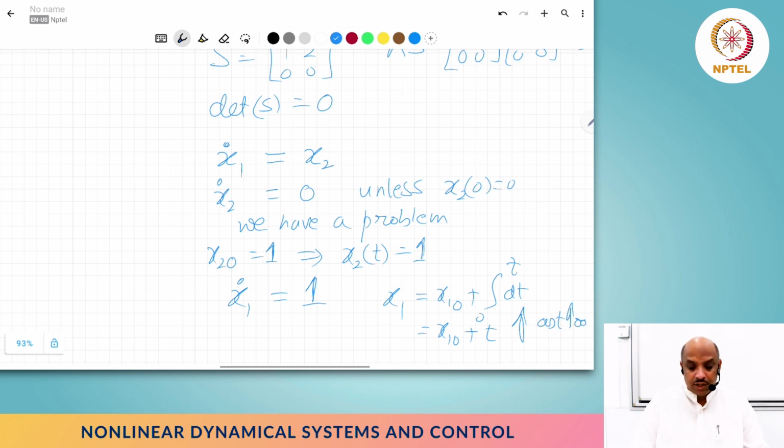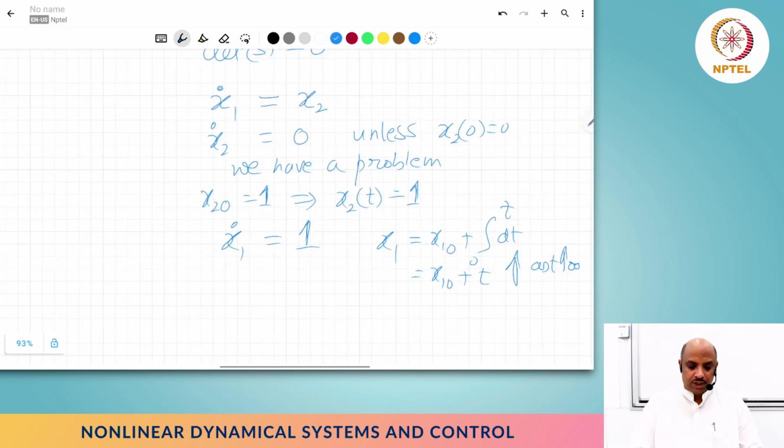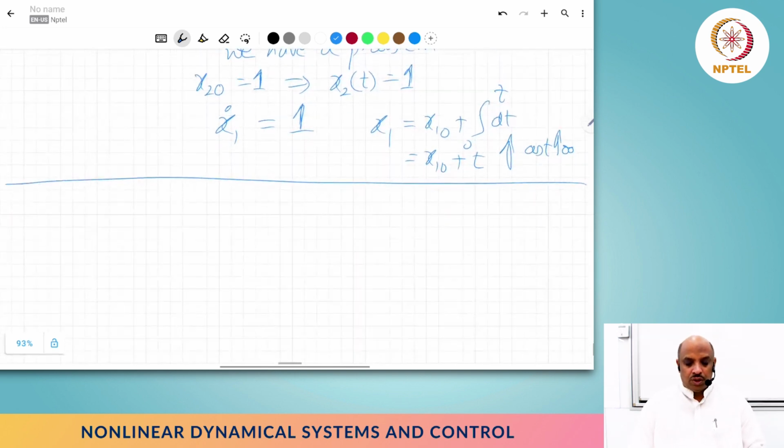So this is a serious problem in the sense that if we have this particular system, then basically we'll end up with instability, right? So if we have non-diagonalizable systems, then we can have the possibility of unboundedness.